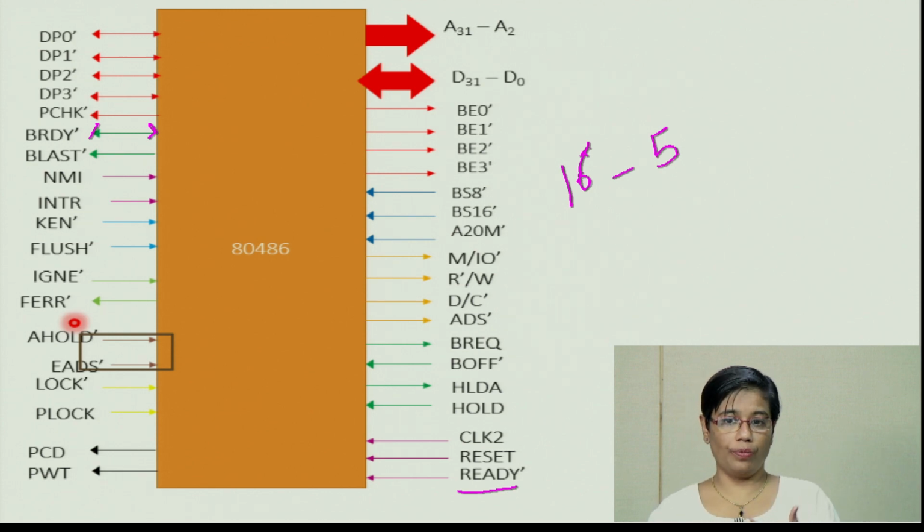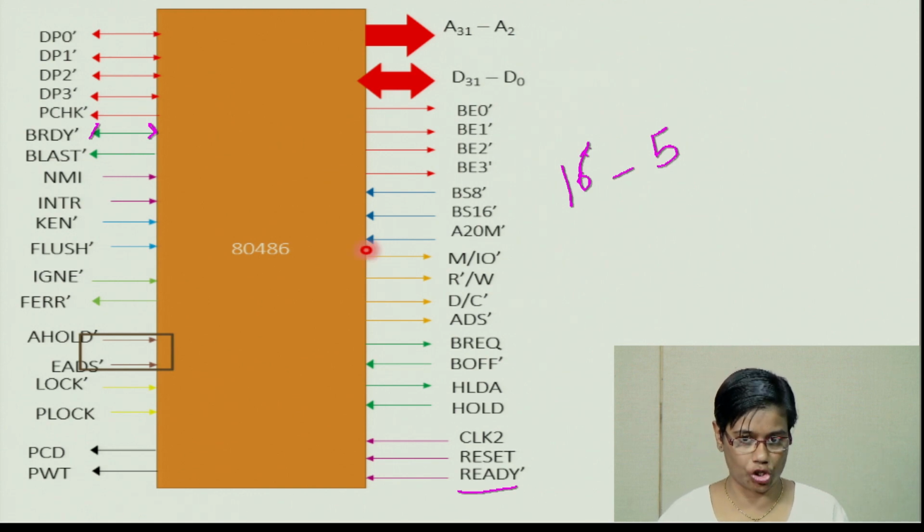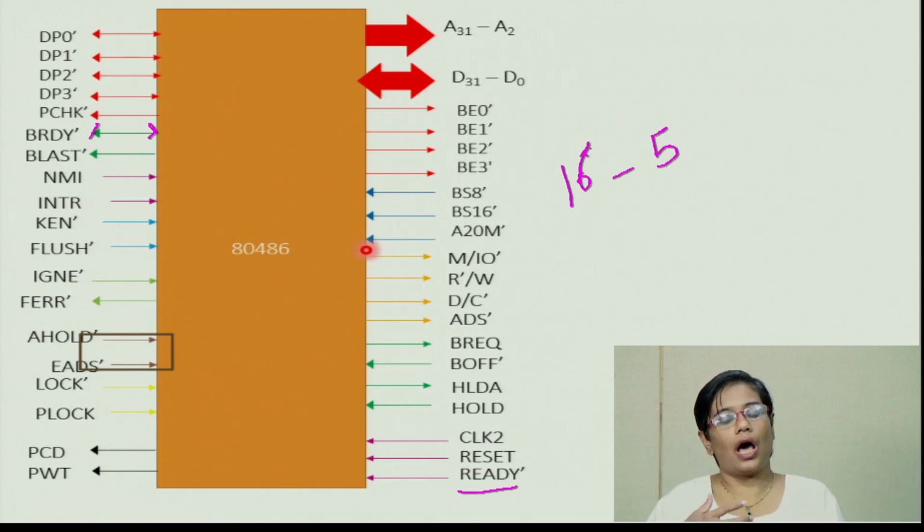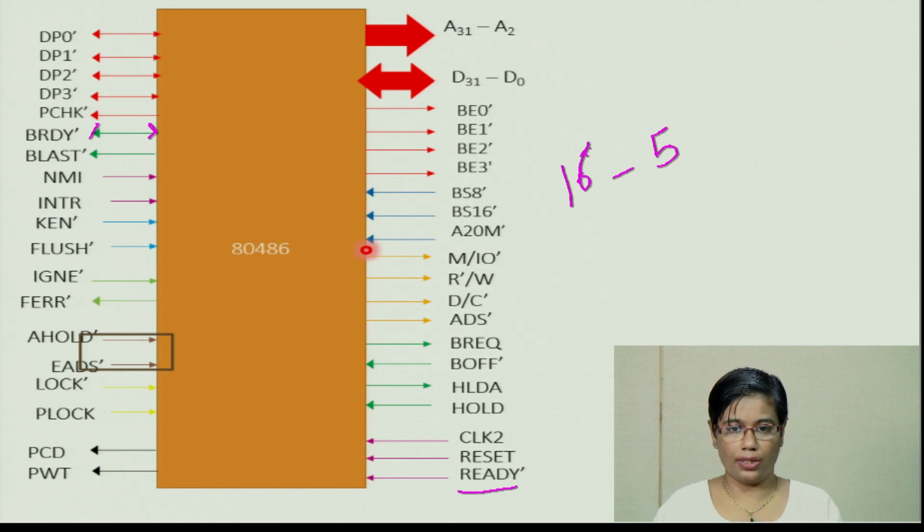Now the address that is going to be invalidated will be given on the address lines. At the same time, the external address strobe signal will be made active, indicating that an external device is giving the address so that it can invalidate the internal contents of the 80486 cache. Now these signals are more sensible in a multiprocessing environment.